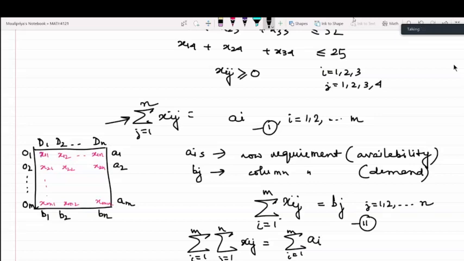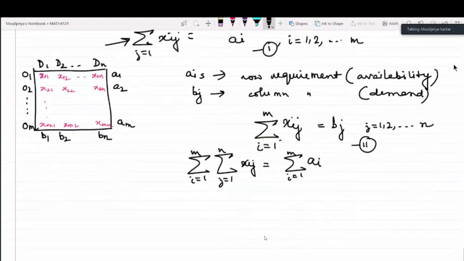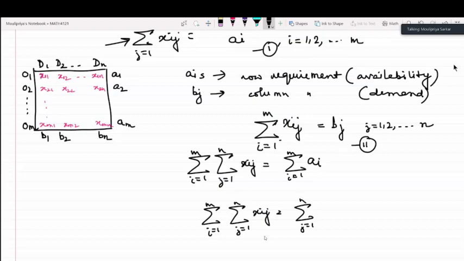Similarly, for the second equation, we have summation i running from 1 to m, j running from 1 to n, xij is equal to summation j running from 1 to n, bj. Are we okay with these two equations? Yes, ma'am.